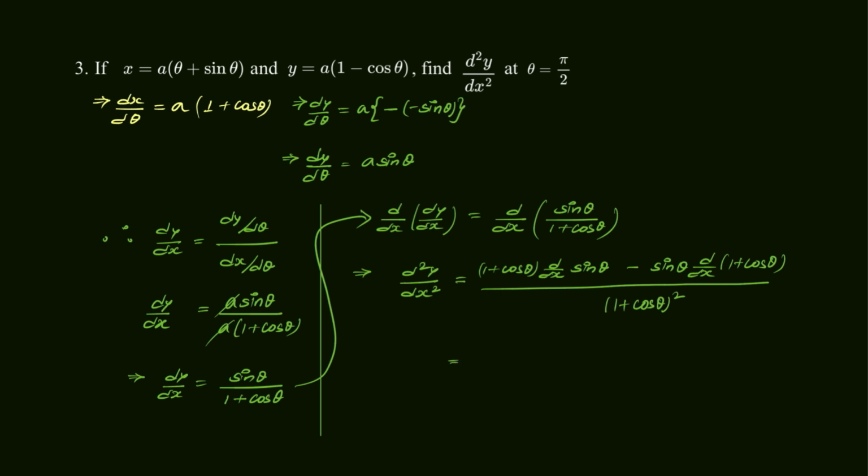So this will be equal to (1 + cos theta) d/dx of sin theta. Here we are differentiating theta with respect to x. So first we will consider this as x, then d/dx of sin theta will be first cos theta, but since theta was not a function of x, we have to differentiate theta also.